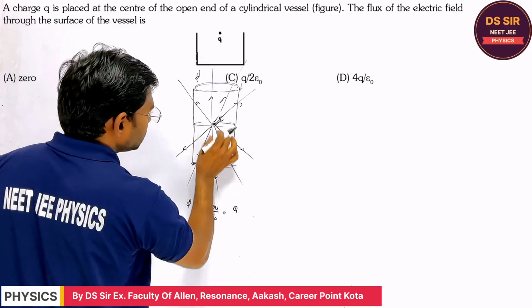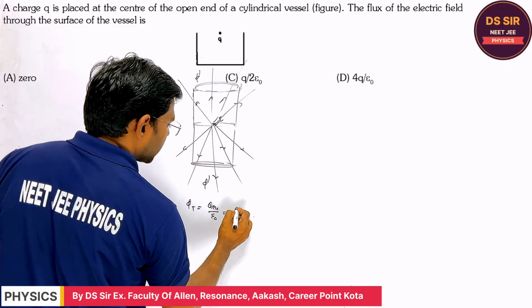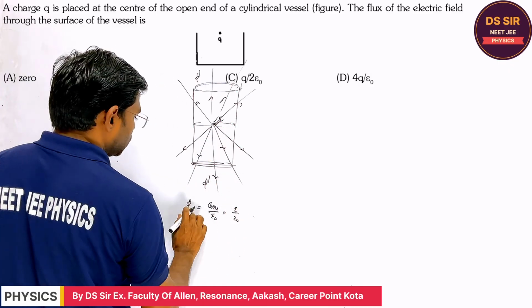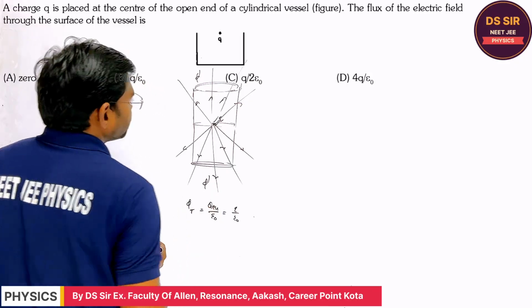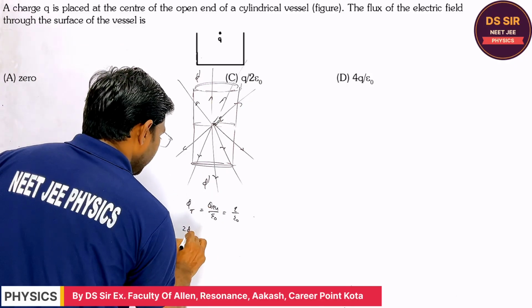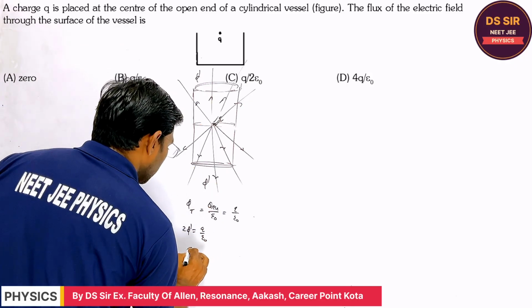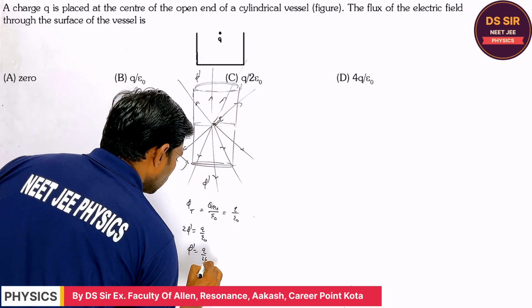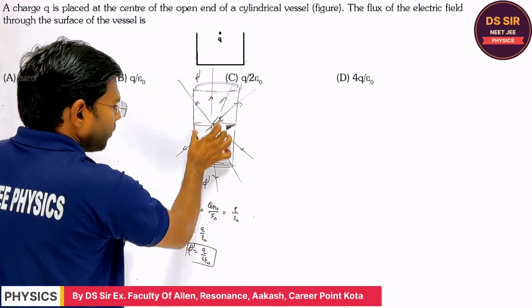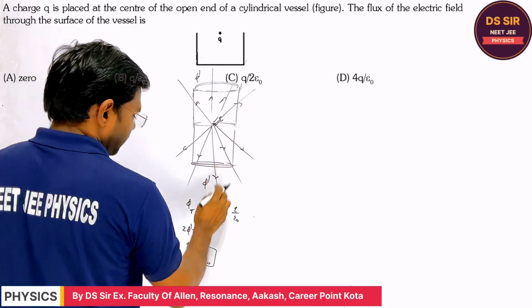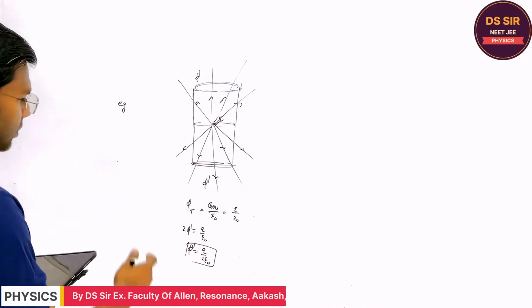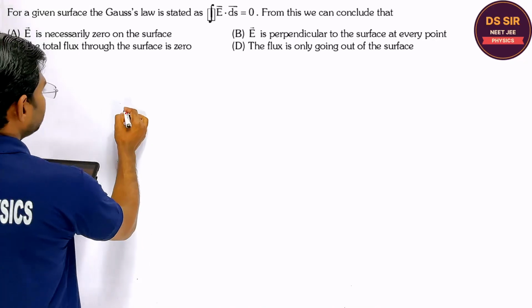The charge enclosed is now the small q upon epsilon naught. The total flux is 2 phi dash, equal to q upon epsilon naught. So phi dash is q upon 2 epsilon naught. So the flux linked with the surface is q upon 2 epsilon naught, right?